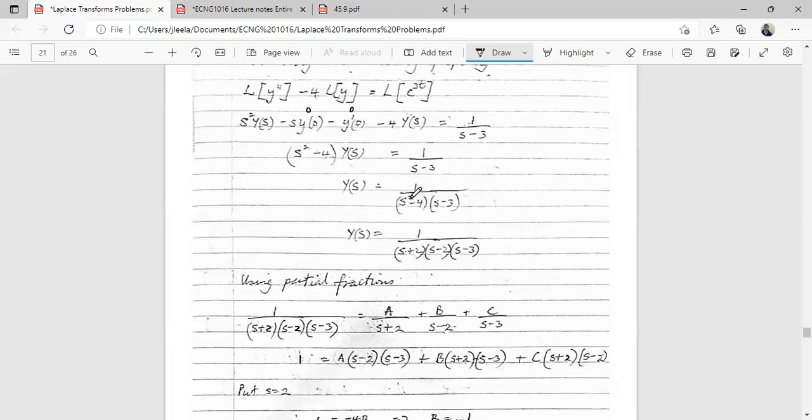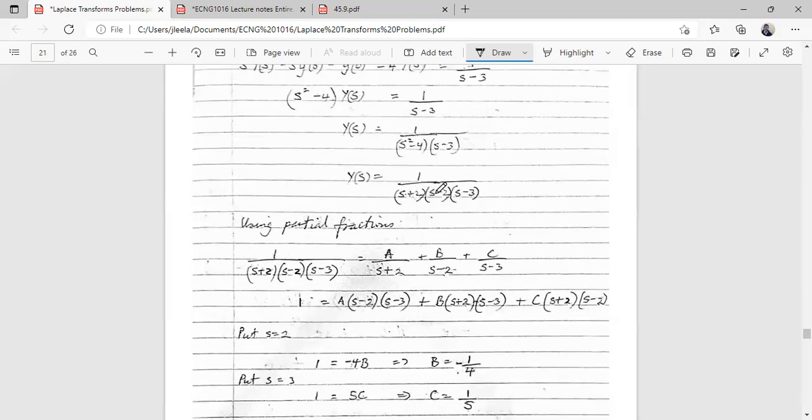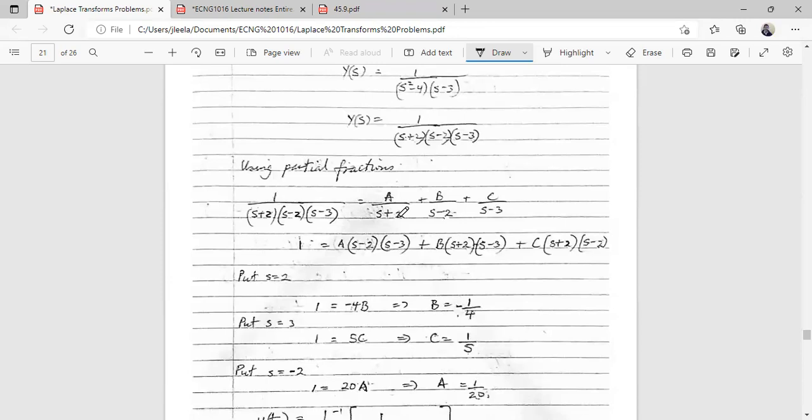Right, so this is the difference of squares, 2 squared. So you could break up that into two simple factors: 1 over (s plus 2)(s minus 2)(s minus 3). And that is easy to break up into partial fractions. That'll just be a over s plus 2 plus b over s minus 2 plus c over s minus 3.